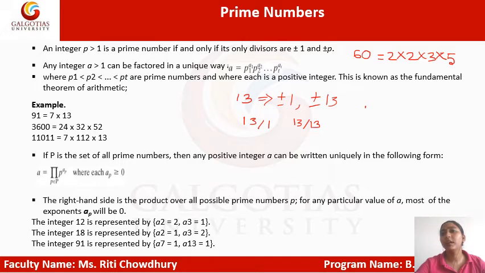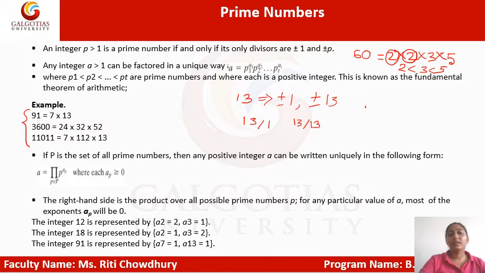See, all these are prime numbers. These are only divisible by the number itself and 1. Here the condition will be that p1 is less than p2 less than pt. You can see here that 2 is less than 3 is less than 5.